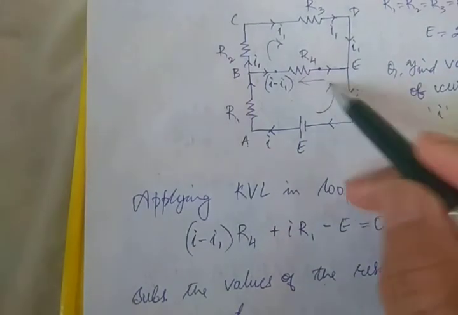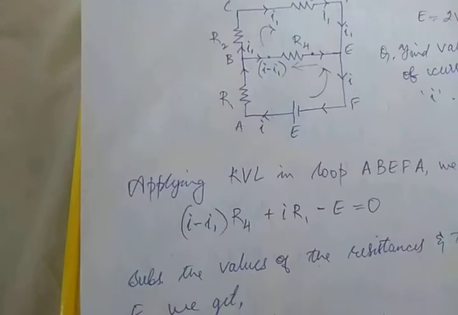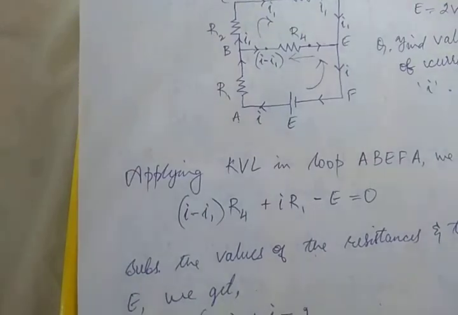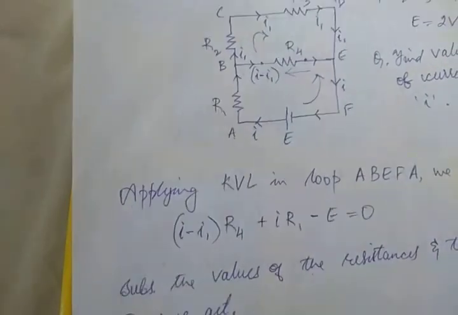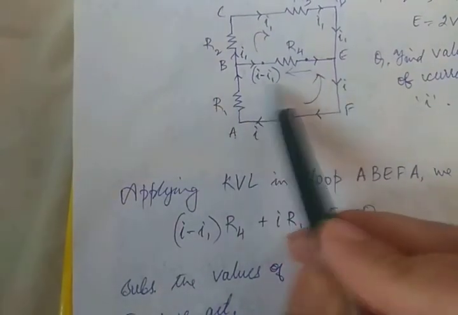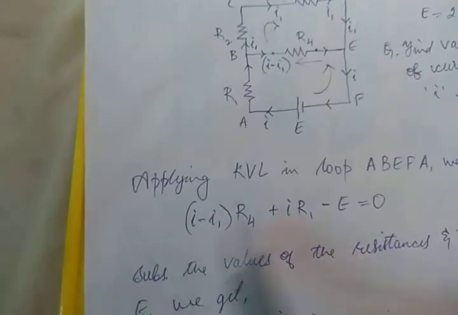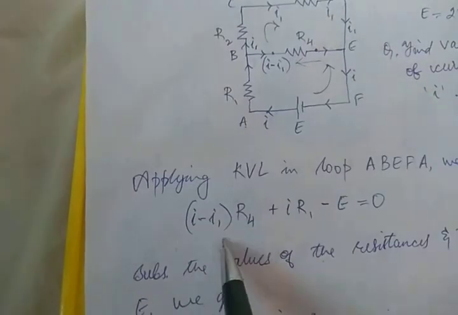Whenever we move from lower potential to higher potential, we take the potential difference to be positive, remember. So the potential difference across R4 is positive. Therefore it is I minus I1 into R4, positive.